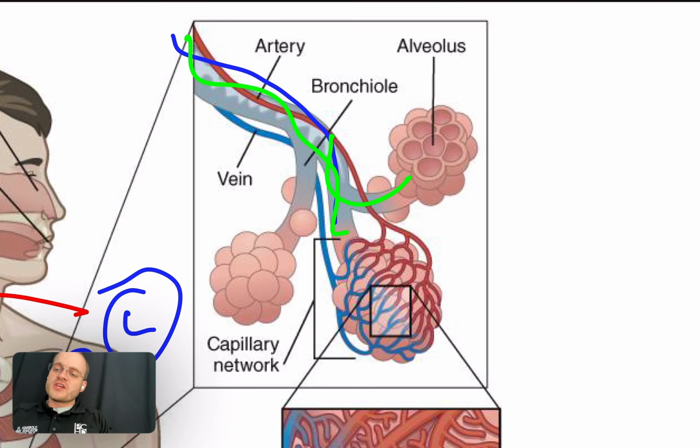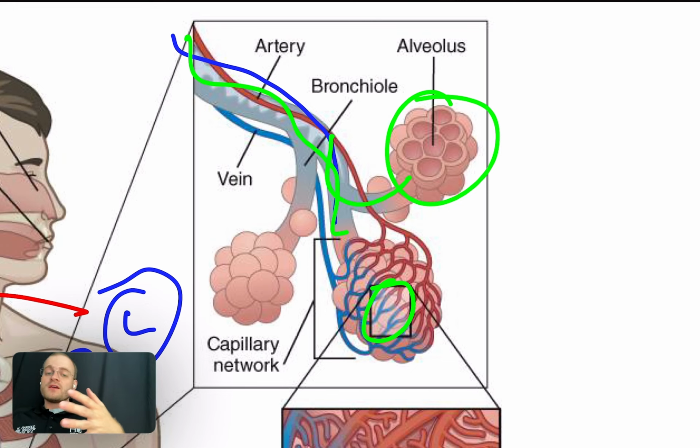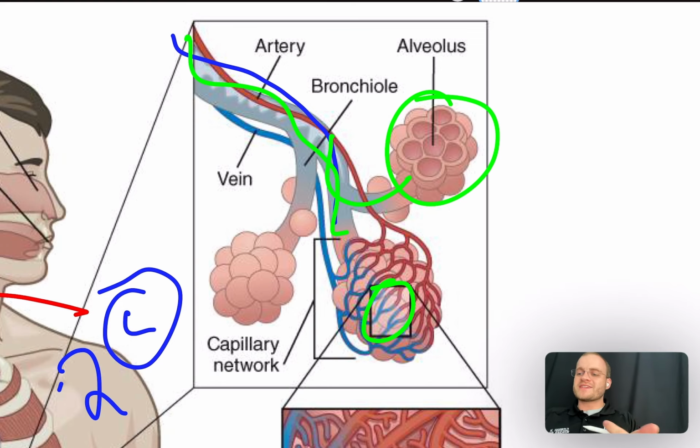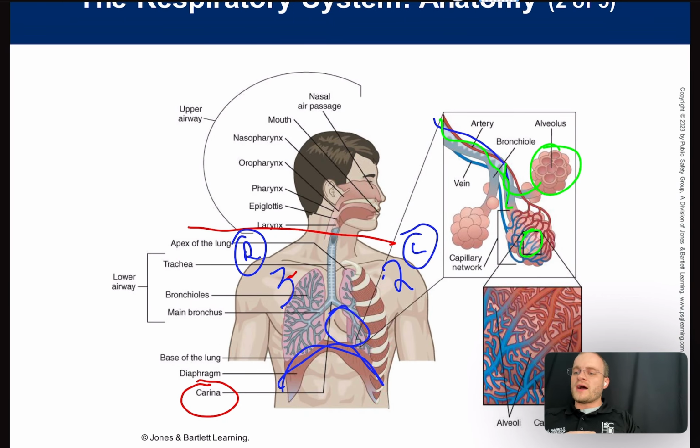So what happens is these arteries and veins are so small and these sacs are so small, gases, whether it be carbon dioxide or oxygen or carbon monoxide or really most gases, can diffuse through the alveolar sacs into these capillary beds. And these capillary beds are what's dropping off CO2 and picking up oxygen. So that's where this process takes place. It's in the alveoli, within the lungs, at the capillary network, okay? So that's kind of worth knowing, okay?